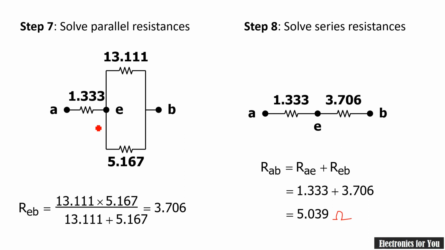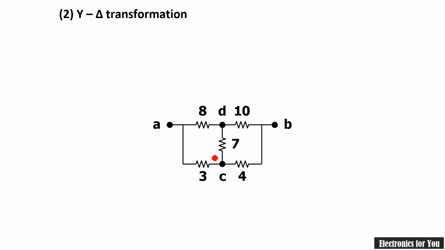Now let us solve the problem by using star to delta transformation, and in this case again I will use the third step here, that is the redrawn circuit. Only in this case A was shown here as well as B was shown here, but it's okay.